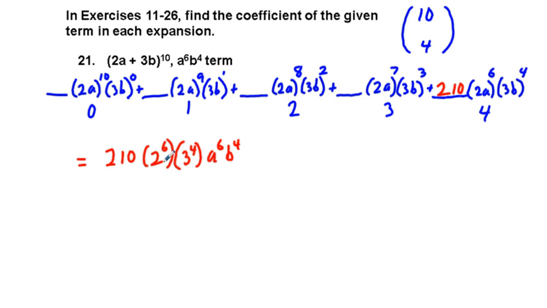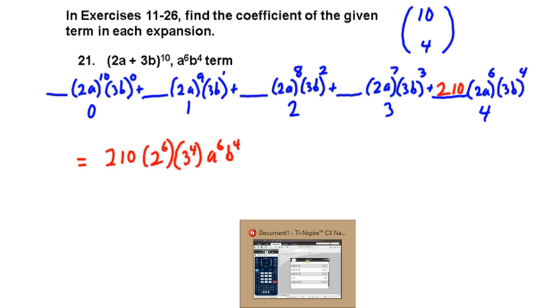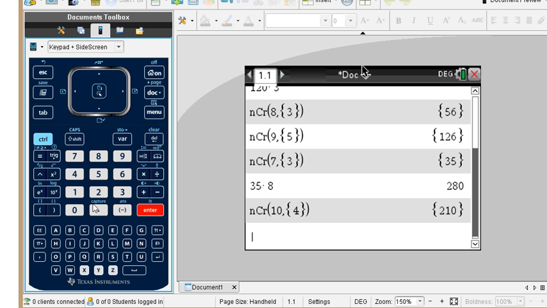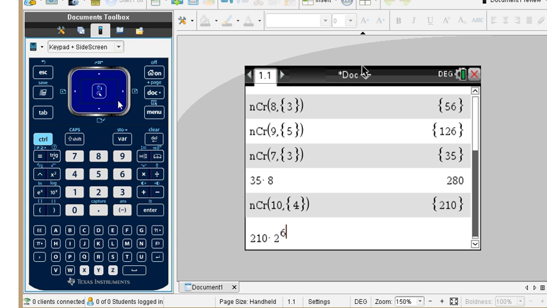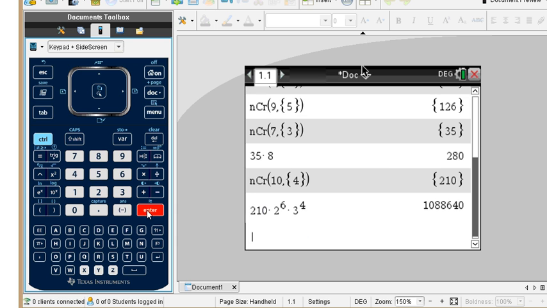So 210 times 2 to the 6th times 3 to the 4th. I know 3 to the 4th is 81, but I'll just go ahead and put it all in: 210 times 2 to the power of 6 times 3 to the power of 4, and we have 1,088,640.